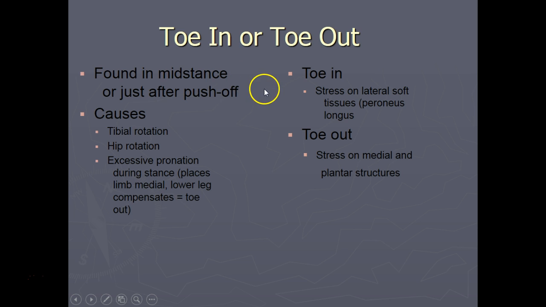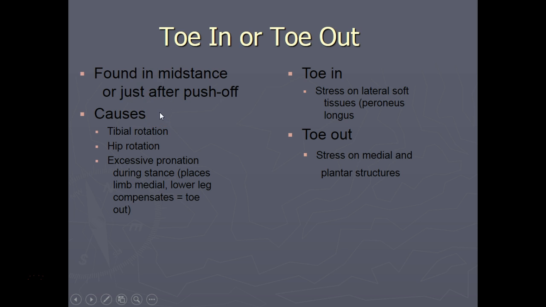But generally speaking, if we see a toe in or a toe out gait, it's most often found in mid stance or just after toe off. In other words, pre-swing, when they're getting ready to go into the stance phase of their gait. So we have to be specifically looking for a toe in or toe out posture mid-stance or just before they push off.